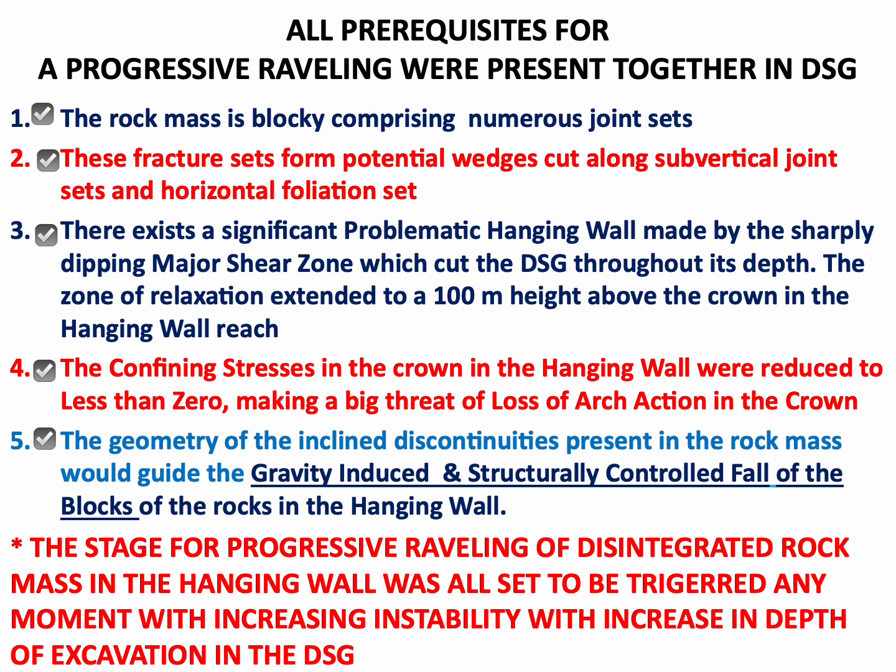The geometry of inclined discontinuities forming the potential wedges would guide the gravity induced and structurally controlled fall of rock blocks of the wedges in the hanging wall. So, a stage was all set for a progressive raveling of the disintegrated rock mass present in the hanging wall reach of the downstream surge gallery to be triggered any moment, with instabilities increasing with increasing depth of excavation in the downstream surge gallery.